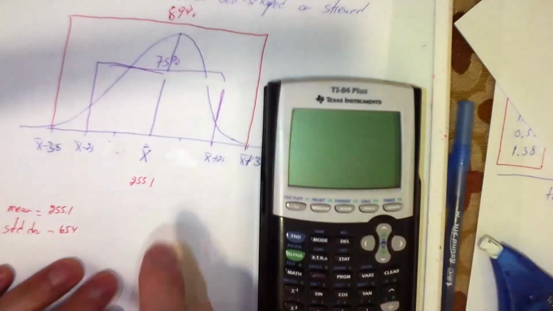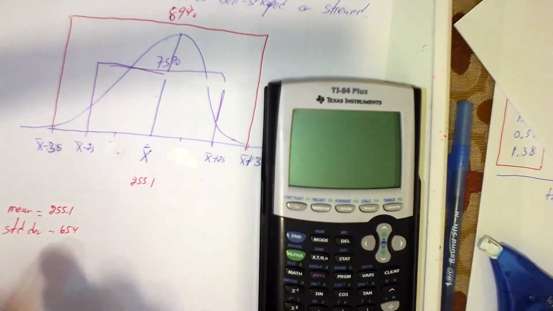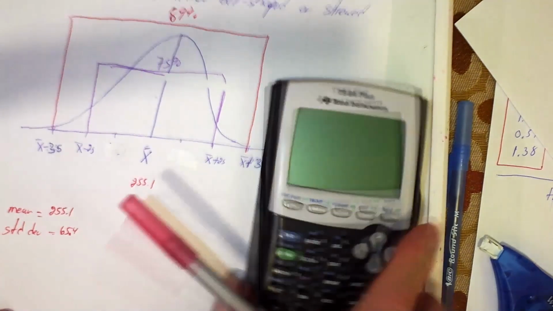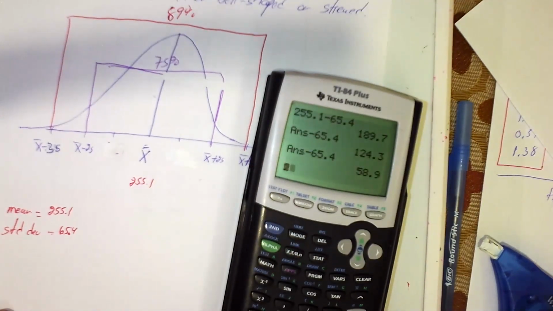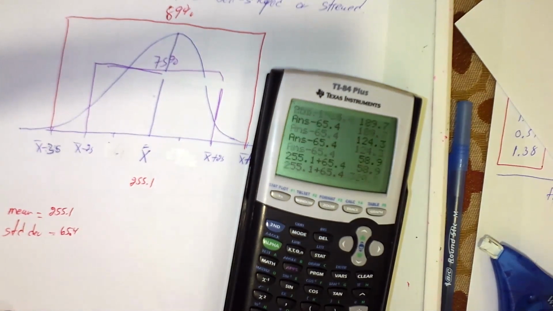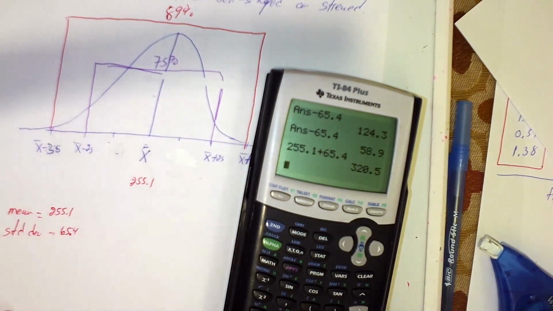Remember, when you go right, you continue to add 65.4. That's a point, right? So I'm going to add 255.1 plus 65.4, right? But he said skip it. Don't put it on there. So now we add another 65.4.